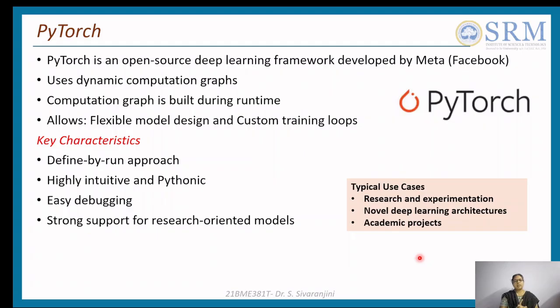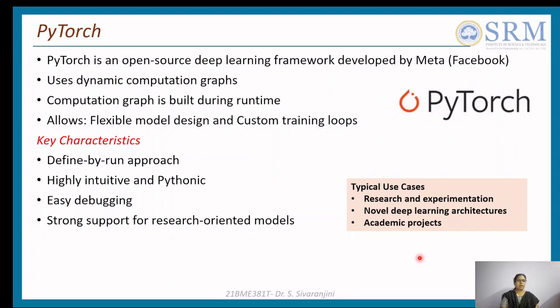So that alleviation is there in PyTorch. It allows flexible model design and custom training loops. The key characteristics are a define-by-run approach, highly intuitive and Pythonic, so it is easy for debugging.